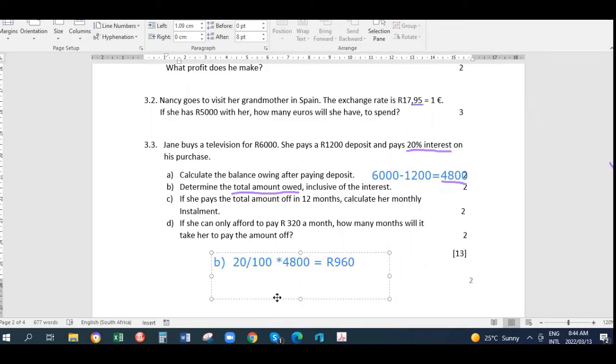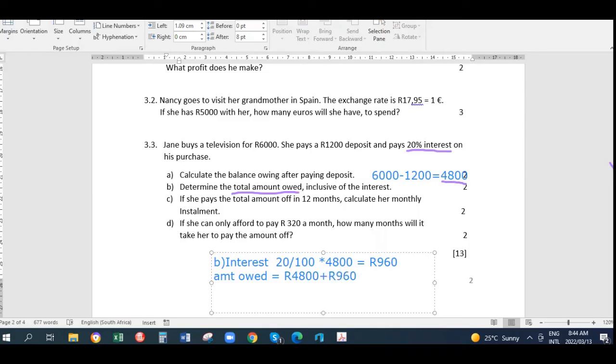Now, that's your interest. This is your interest. Now, it does not mean you only owe 960, because this is an interest. You were owing 4,800. So you can't just be owing 960. So the total amount that you owe is actually both your 4,800 plus your 960.